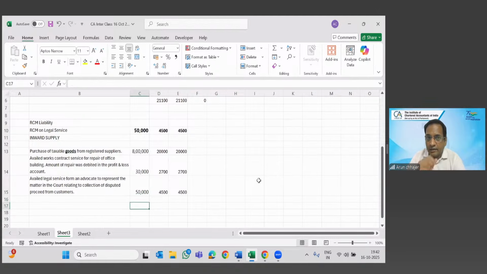He will pay the liability and take the ITC. Now I have heard one problem: can we take the ITC on reverse charge in the same month, or do we have to defer it to the next month? क्या मुझे RCM का ITC same month में मिल जाएगा या मुझे carry forward करना पड़ेगा next month?